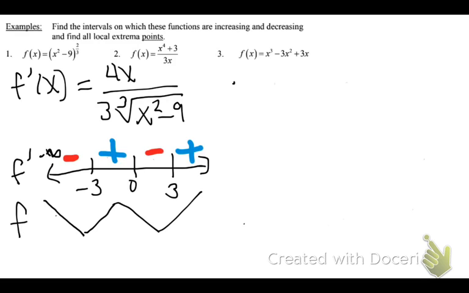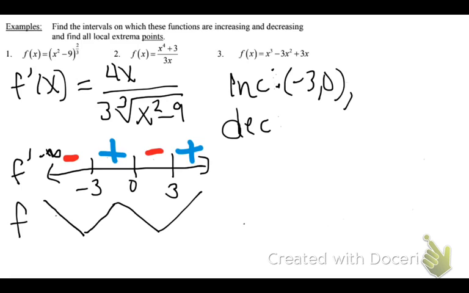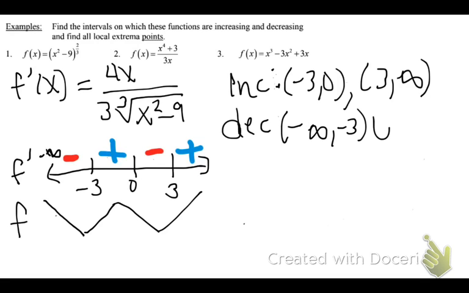So let's list where we're increasing and decreasing. So we are increasing from negative 3 to 0, and from 3 to infinity, and decreasing from negative infinity to negative 3, and from 0 to 3.